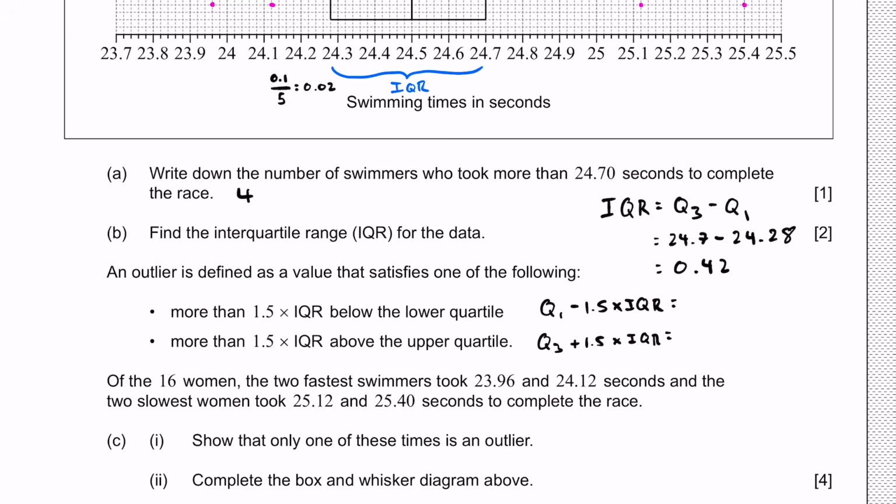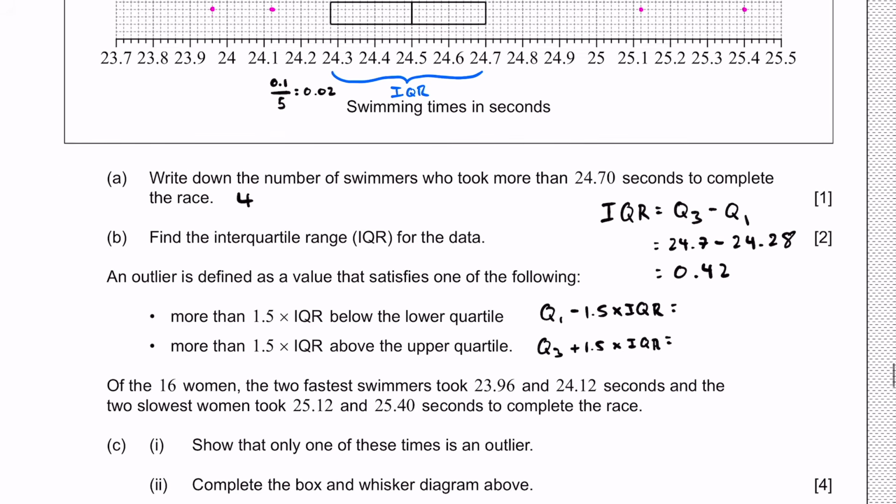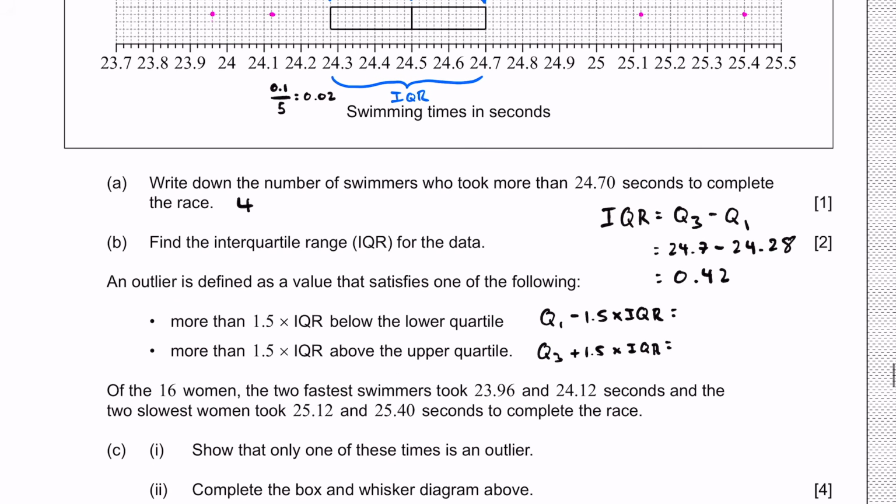Okay, so I'm going to work this out horizontally. Usually I think it's nicer to work it out in column form, just going step by step, but just to save space, I think I'll write it out like this. So Q1 minus 1.5 times IQR. Q1 we found to be 24.28, and then minus 1.5 times IQR.